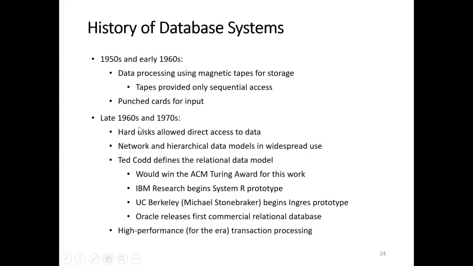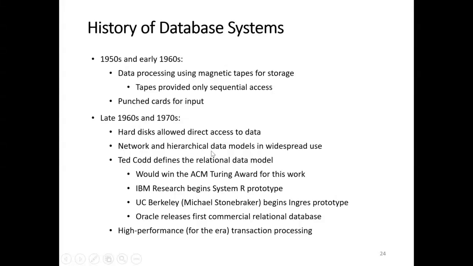Then in the late 1960s and 1970s, the first hard disks allowed direct access to data, and the hard disk replaced magnetic tapes to store the data. But data were still organized in files. There was no efficient or sophisticated database management system to support a variety of applications.